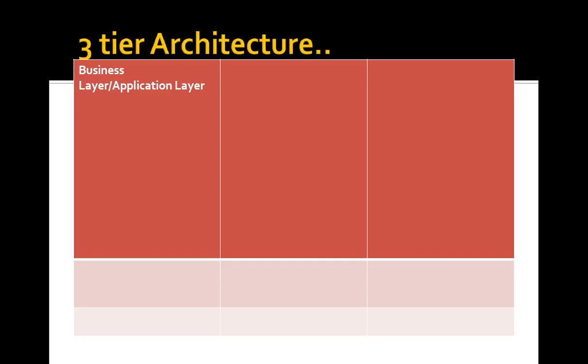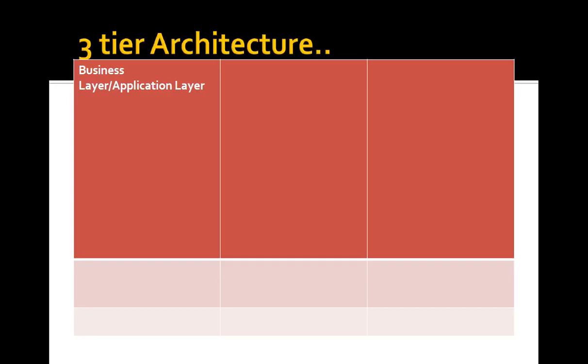Our job is in the business layer, because the request lands onto the application server. That's where it gets executed. In the business layer, the code is what is getting executed, and the data is available in the data layer, which is in the background, meaning your database. So we're looking at a 3-tier architecture.